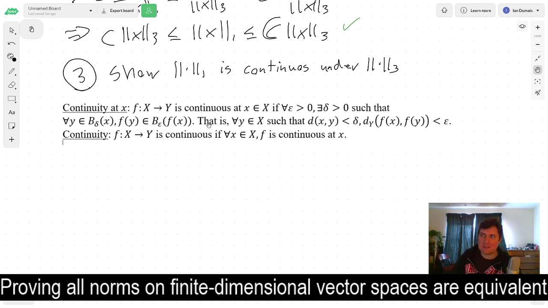That's why the ball. These are balls. That's why balls make sense. Just for delta away from x, then our distance in our codomain here, if we run it through f, is less than epsilon.